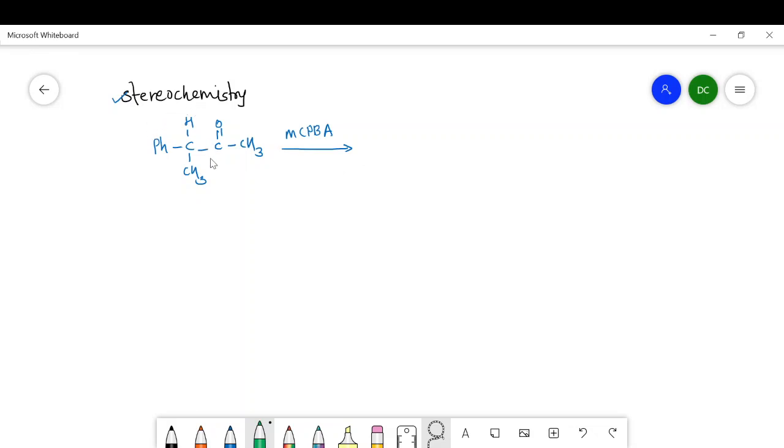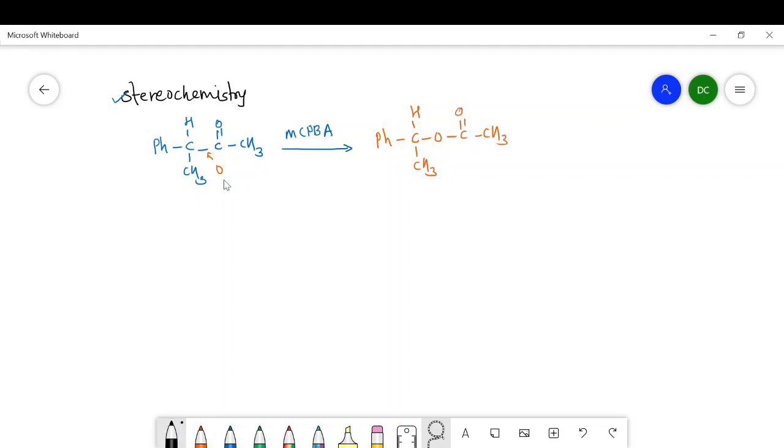According to the migratory aptitude, this group will migrate because it is a tertiary carbon, and there is an insertion of oxygen between these two carbons. So we get this type of compound: C, here H, then CH3, here I will write oxygen and here COCH3.